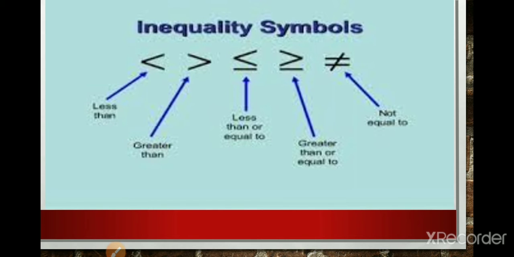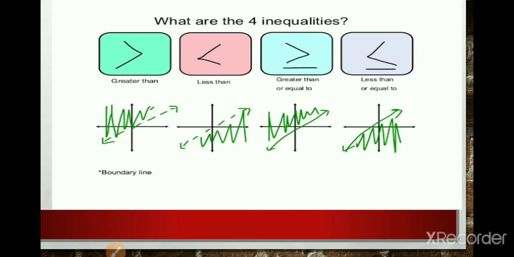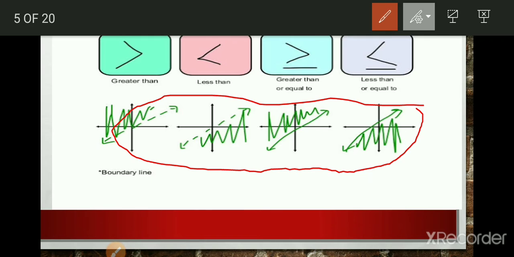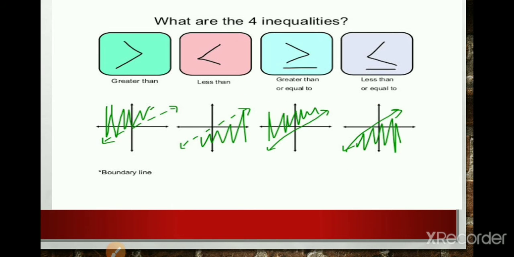These are the symbols of inequalities: less than, greater than, less than or equal to, greater than or equal to, and not equal to. And here is shown the boundary line that we will use for graphical representation of two variables.